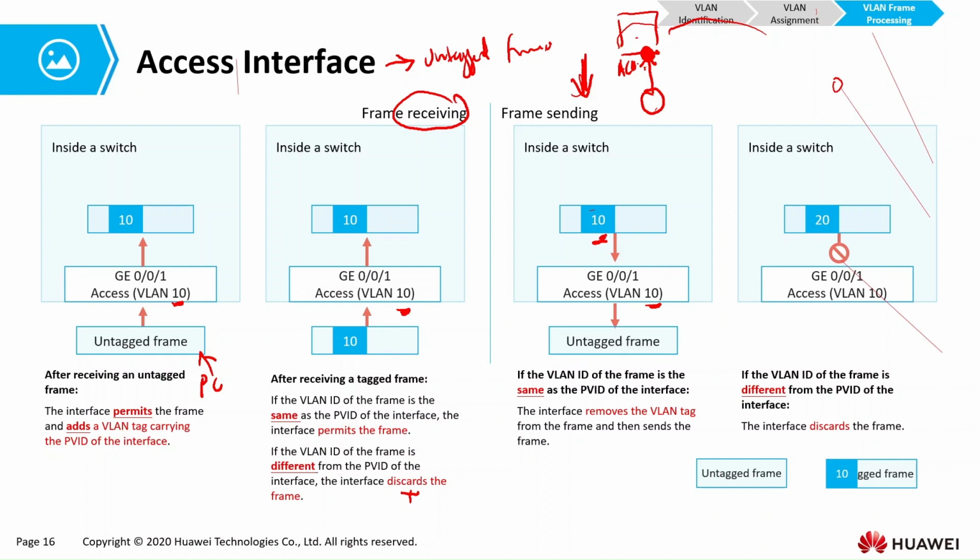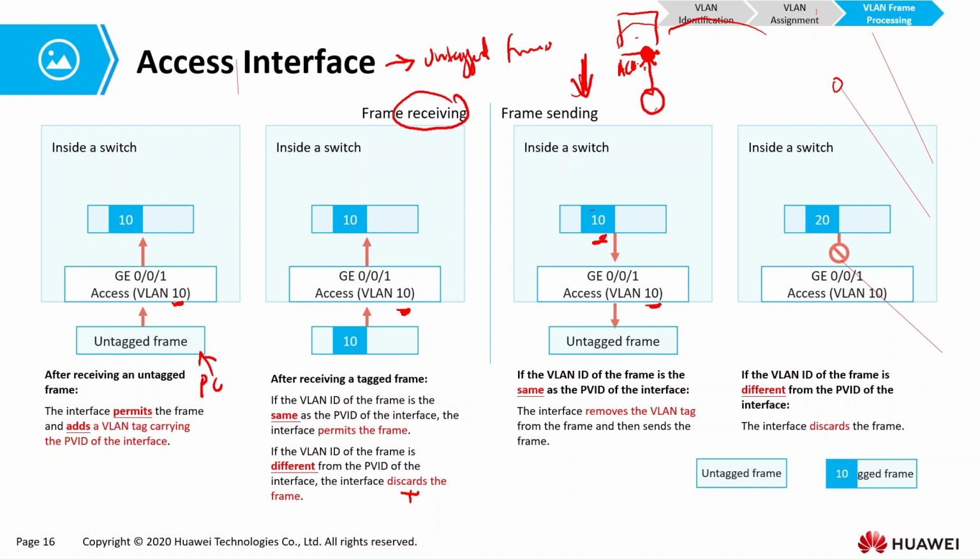So just remember that under the access interface, if they are different, you discard them. They only permit frames whose VLAN ID is the same as your PVID. If the tag's VLAN ID is the same, you allow it to pass. If it is not the same, for example 20 while your PVID is 10, you discard it. This is the access interface.